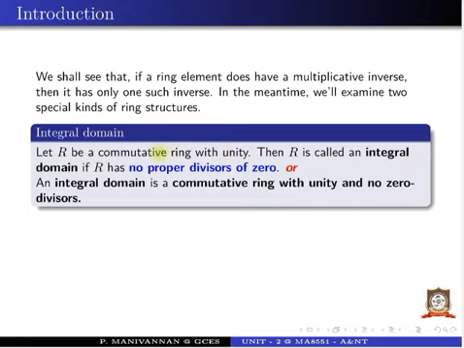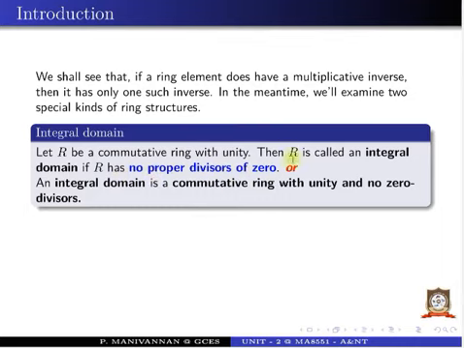Yes. Here except the inverse, (R, +) is abelian, but (R, ·) is not a group. Why? Here the multiplicative inverse is not defined. Yes, we only assume a commutative ring with unity. Then R is called an integral domain if R has no proper divisors of 0.